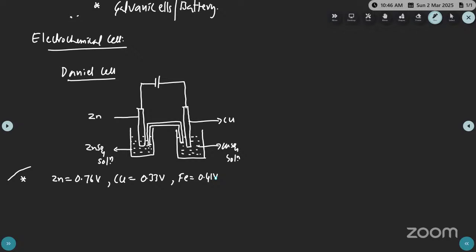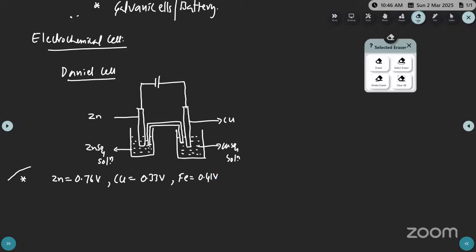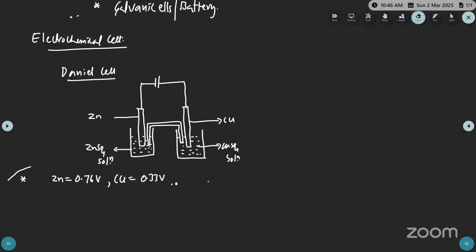Like that, we can say which electrode acts as anode. So in zinc and copper, zinc acts as anode and copper acts as the cathode.